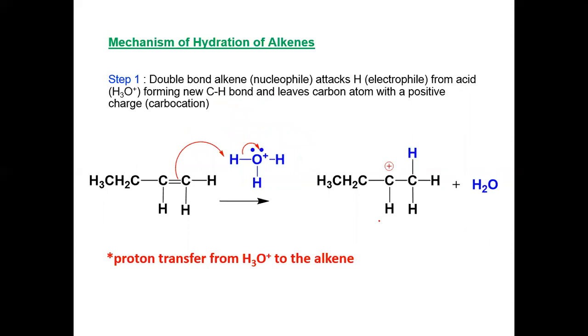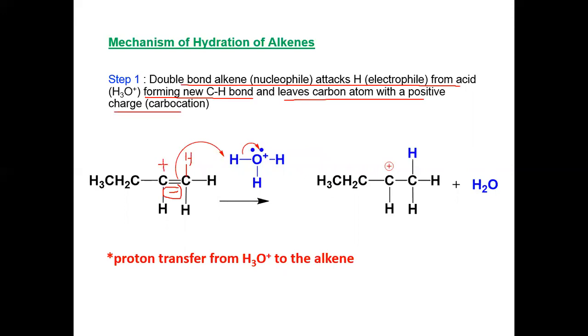Okay, apa mekanisme dia? The first step, double bond, macam biasalah, ni kan negatif, akan pergi serang H ni. Double bond alkene nucleophile attacks H, electrophile from acid, forming new CH bond and leaves carbon atom with a positive charge, carbocation. So bila ni attack, double bond akan terbuka, H akan masuk kat sini.